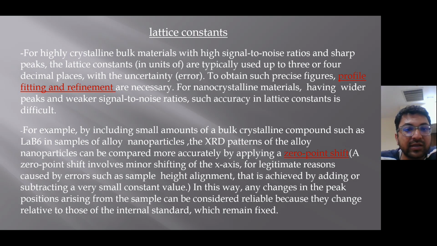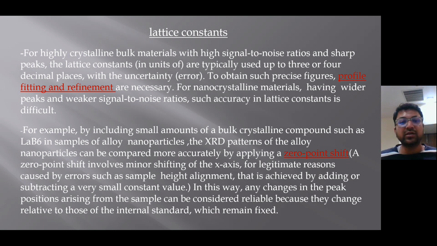For nanocrystalline material, having wider peaks and weaker signal to noise ratio, such accuracy in lattice constant is difficult. For example, by including a small amount of bulk crystalline compound such as LaB6, a lanthanum and boron compound, in a sample of alloy nanoparticles, the XRD pattern of the alloy nanoparticles can be compared more accurately by applying a zero-point shift.